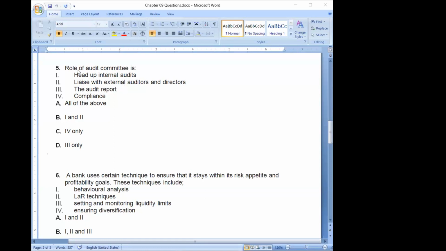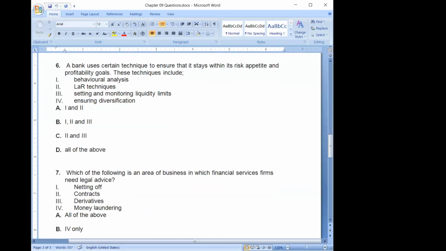That is not a role of the audit committee. Compliance is also not a role of the audit committee. The compliance function reports to the risk committee. Therefore, the correct points here are only 1 and 2. So the correct answer is B. Question number 6.